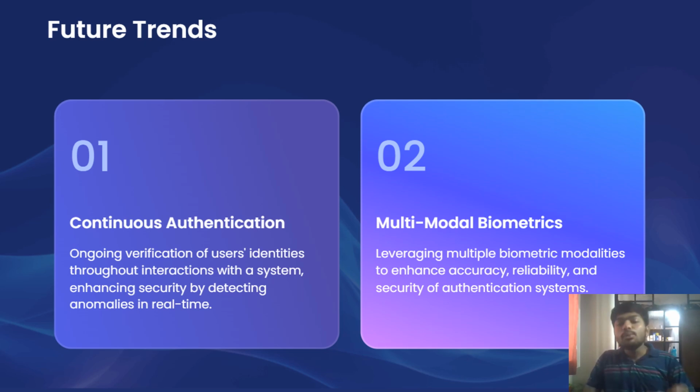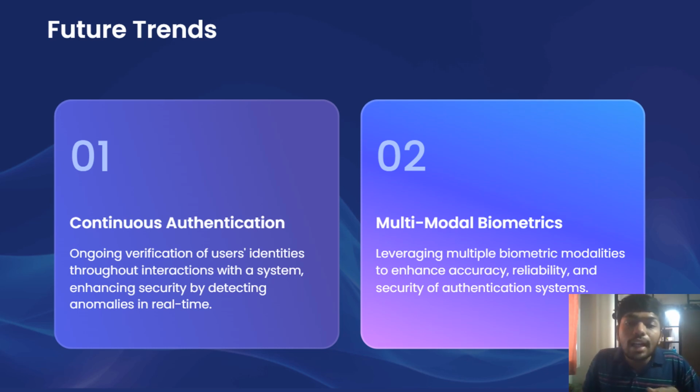Next, integration with AI and machine learning. The integration of biometric security with artificial intelligence and machine learning technologies enables advanced authentication methods and threat detection capabilities. AI-powered biometric systems can adapt to users' behavior patterns, identify anomalies, and improve accuracy over time by learning from data.